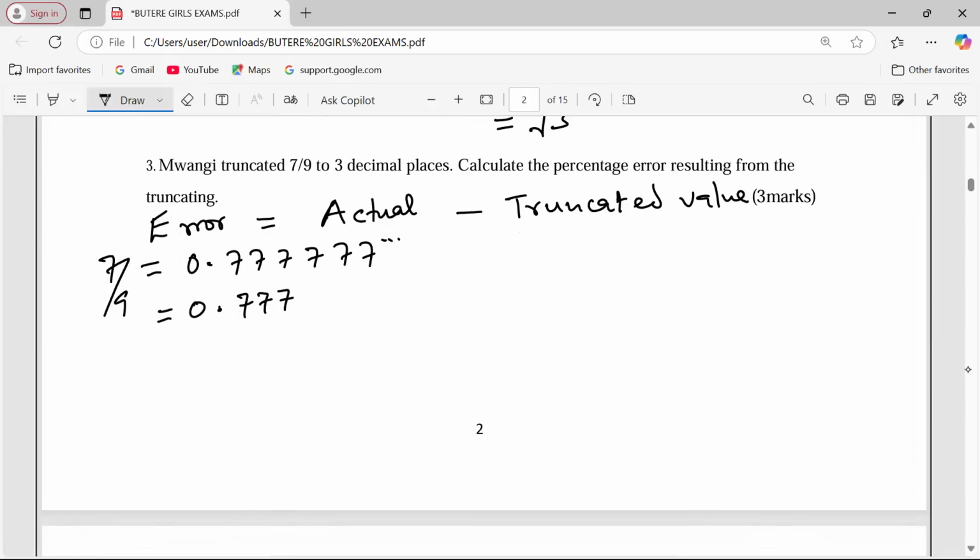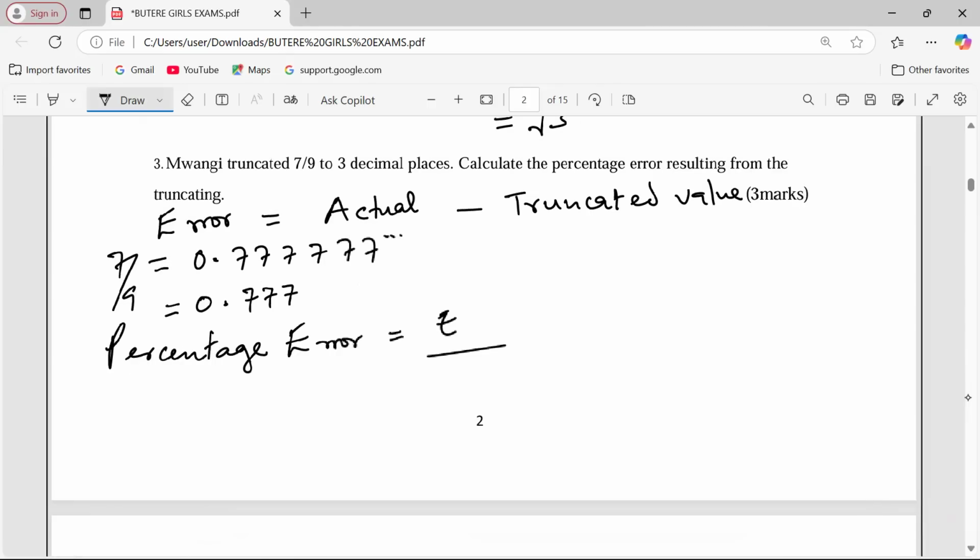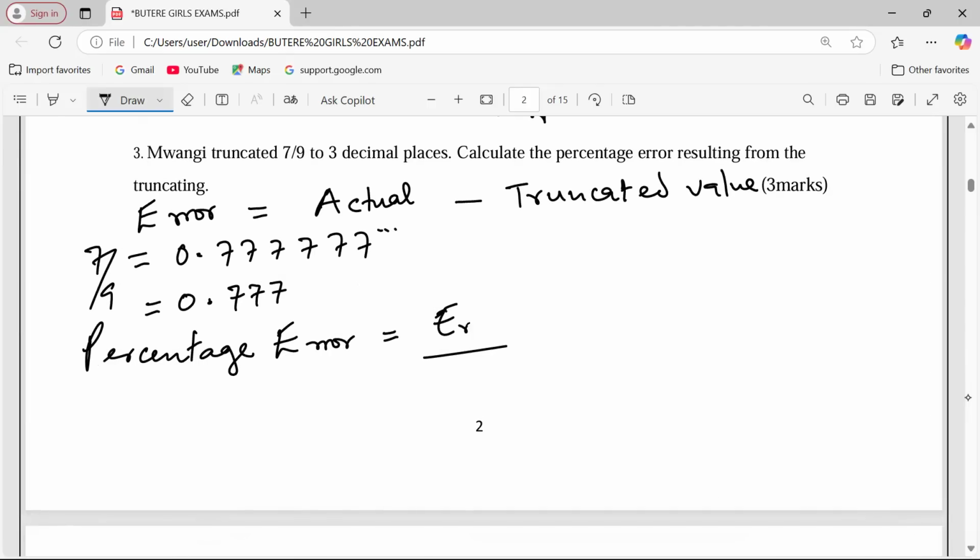Therefore, the percentage error is given by error over actual, expressed as a percentage.